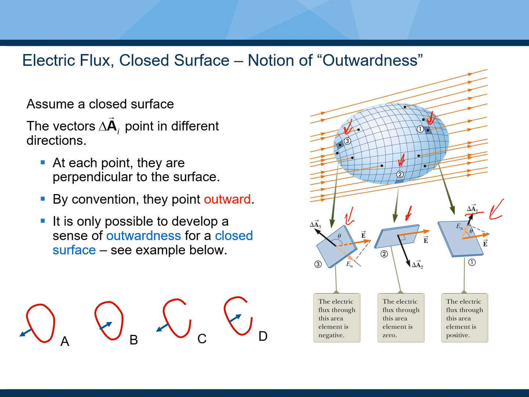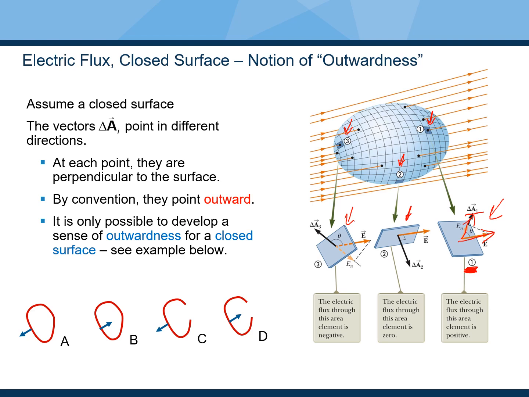So we see that the outward pointing normal across infinitesimal surface number 1 is going in this direction, and the electric field is going in this direction, and the angle theta is an acute angle, and therefore the amount of flux crossing through infinitesimal patch number 1 shown in the figure is positive.